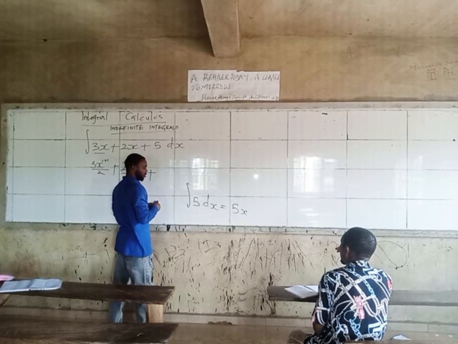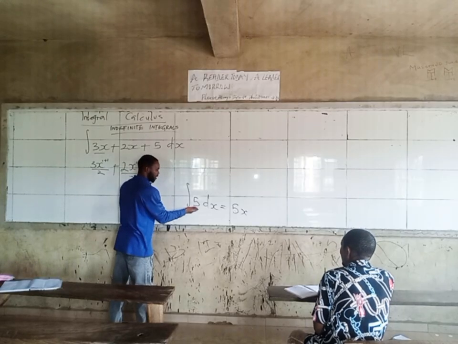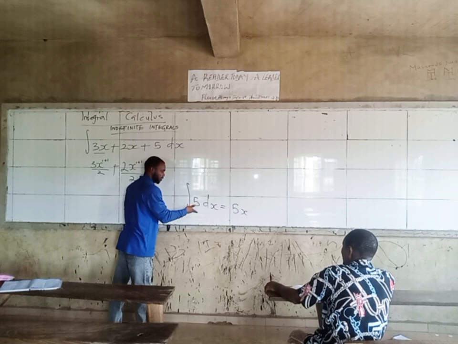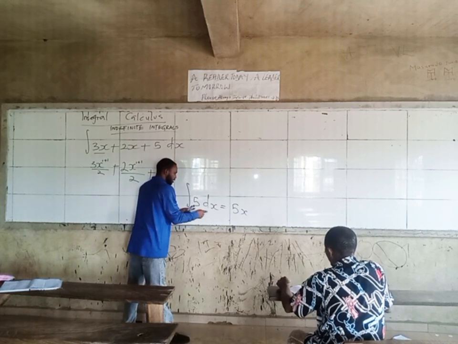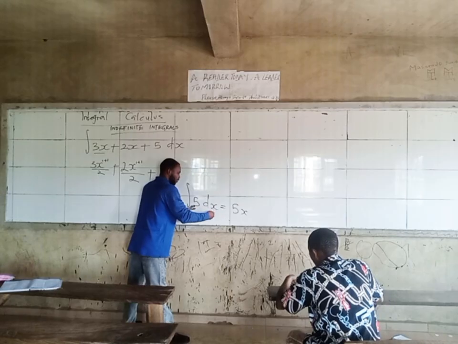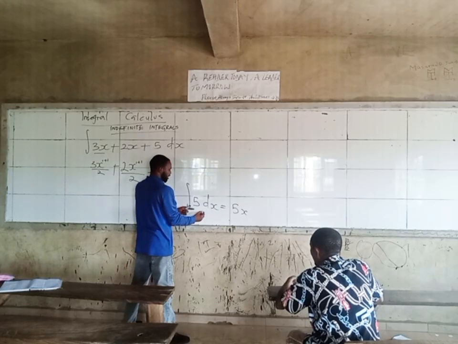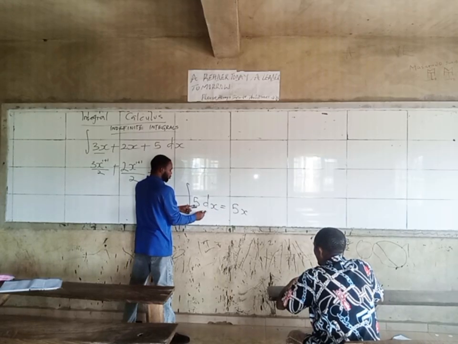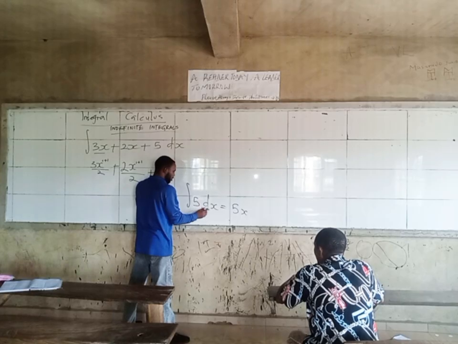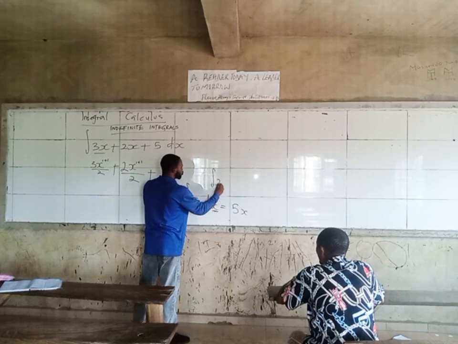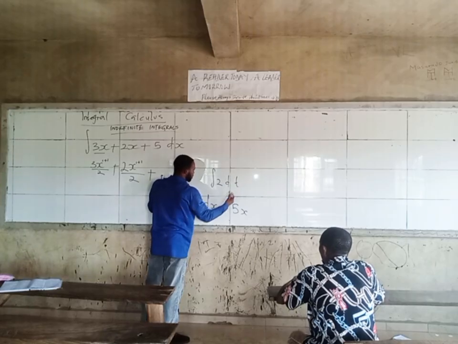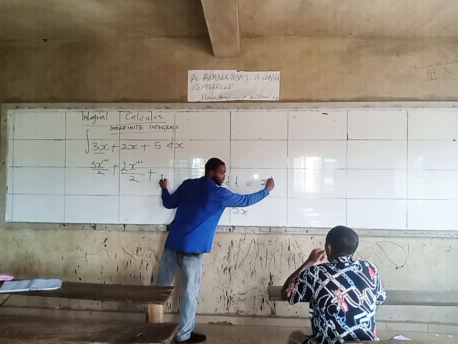You see it? In differentiation we could have said throw this thing away. But once I have just a number, we say that it is being integrated with respect to x. So if I am integrating 2 with respect to t, this will be the same as saying 2t.